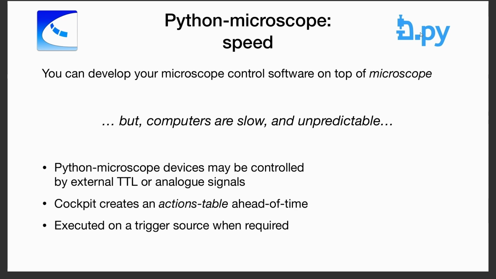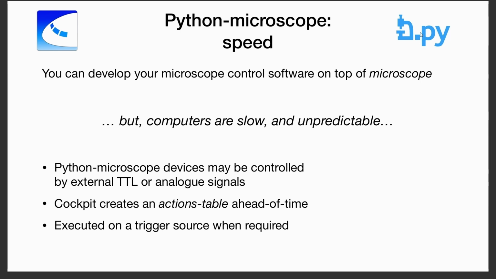So Python microscope provides the possibility to make devices triggerable by hardware triggers. What Cockpit is doing, that's not done by Python microscope, is to create an actions table. Essentially, it's going to create: at this time, you trigger this camera, and then 1 millisecond, 1 microsecond after, you trigger the laser, and you create that upfront.